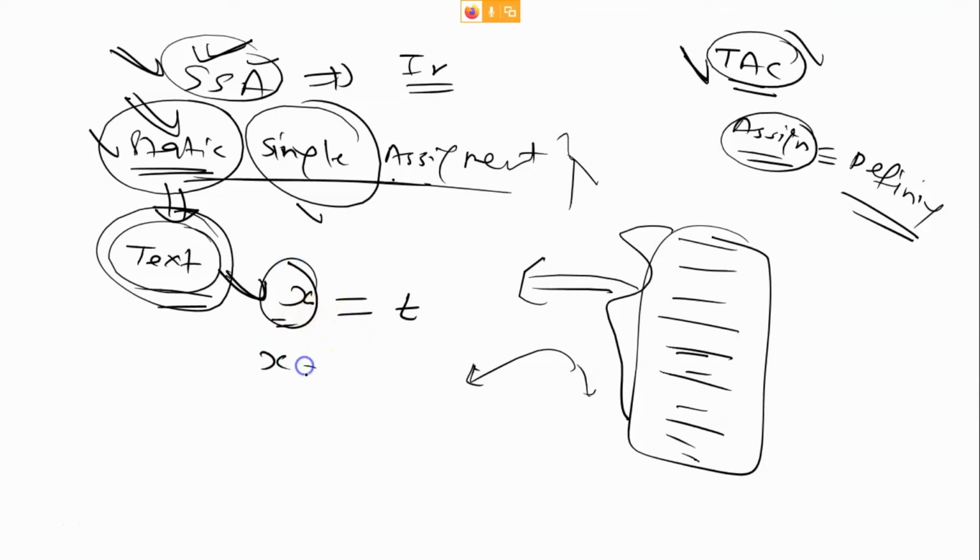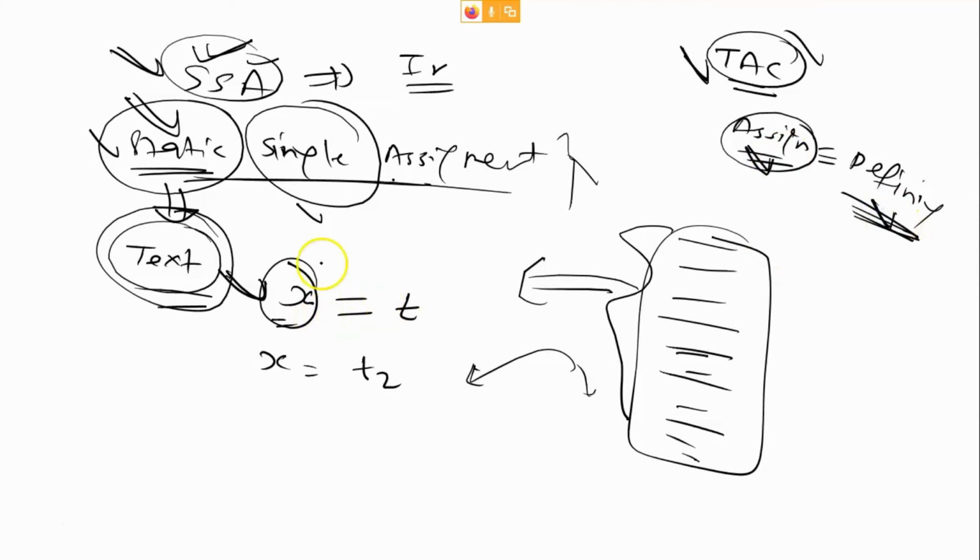Similarly, if I write the next line x equal to t2, this is another definition, or another assignment. Now don't confuse this definition with your high level language definition. Don't say that like in the C language we define one time and these kinds of things. This is the terminology that we use in SSA or in compiler optimization. So from now onwards, assigning means defining.